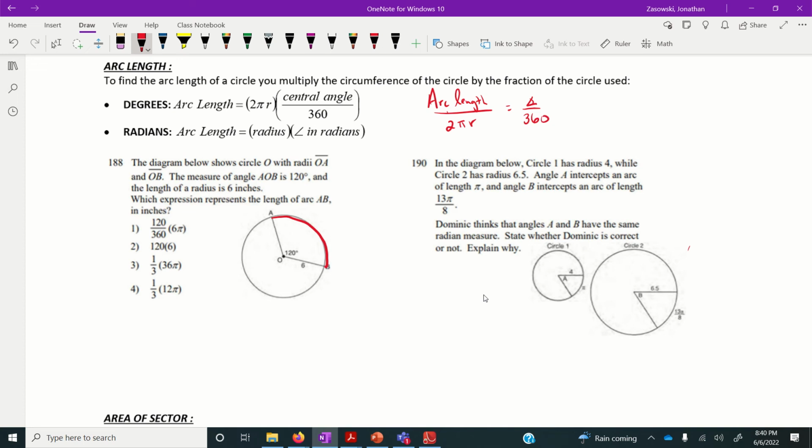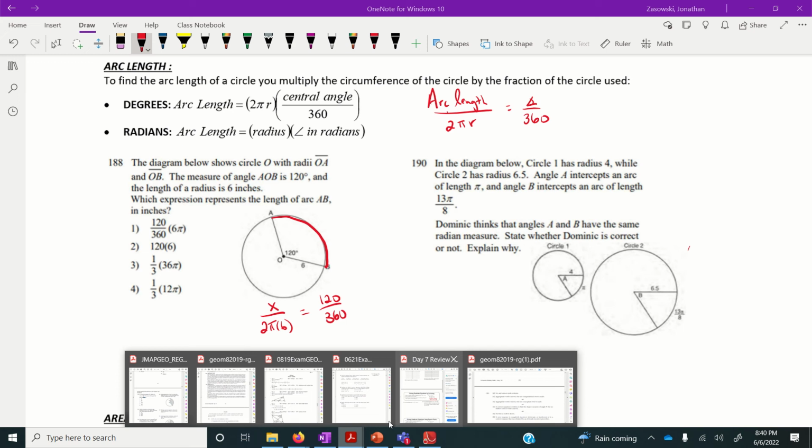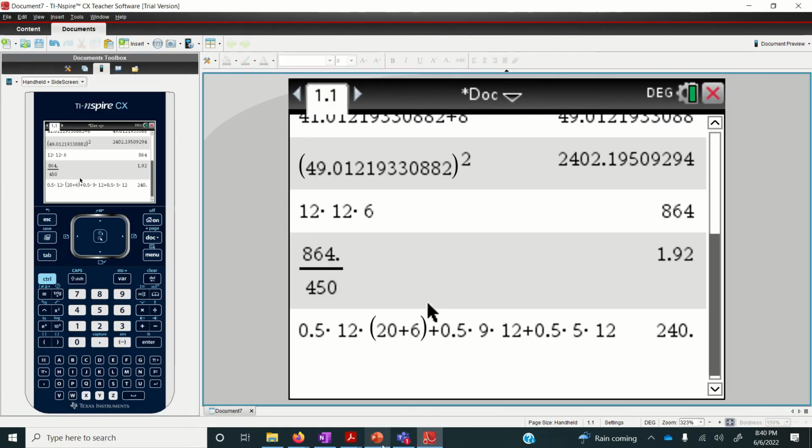So if we look at number 188, the measure of the angle is 120, the radius is 6. We want to know what's an expression to represent the length of the arc. So if we follow our formula, we're going to do arc length, which we don't know, that's x, over 2 pi times 6 is equal to the angle, which is 120, over the entire circle, which is 360. Now your calculator, good news, will reduce any fraction you put in if you just hit enter.